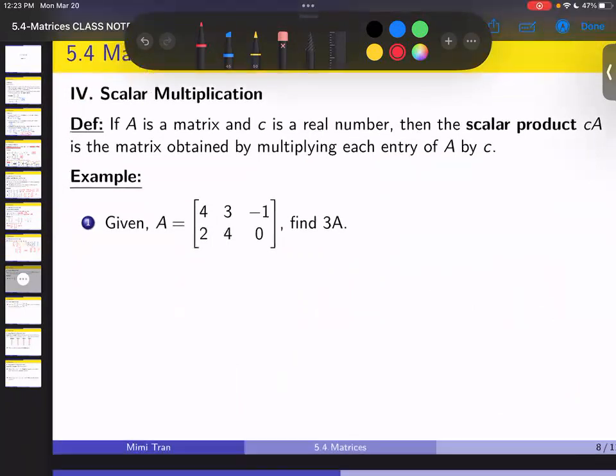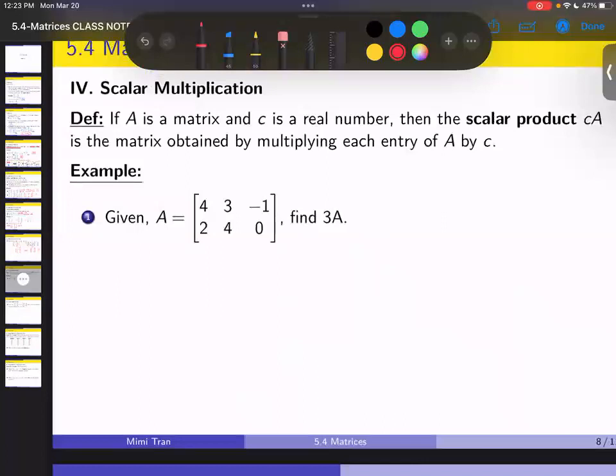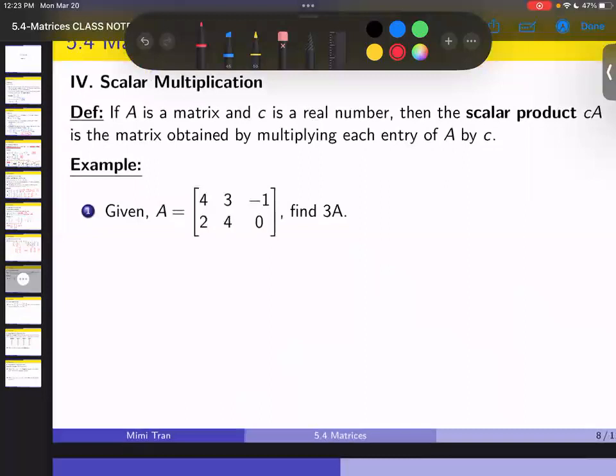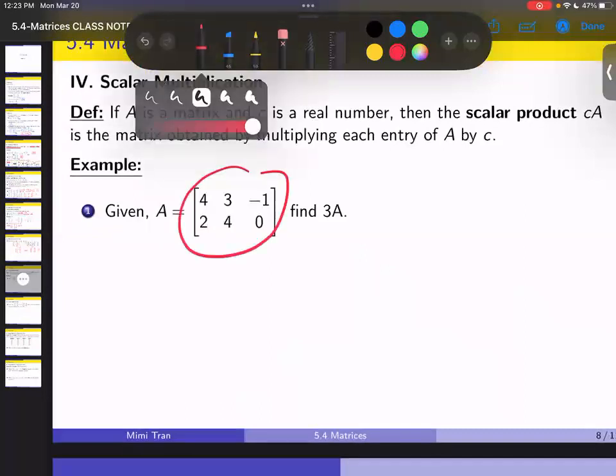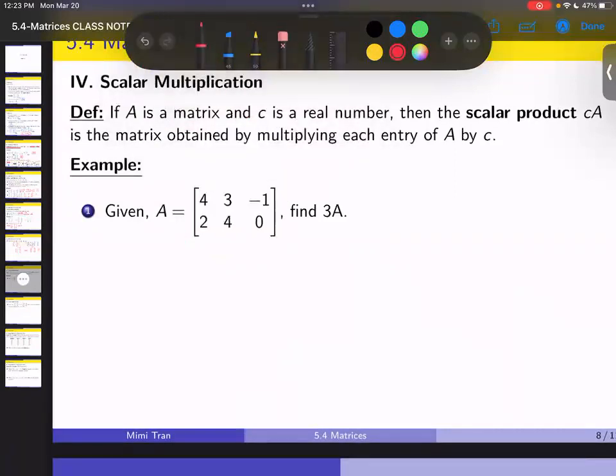If A is a matrix and C is a real number, then the scalar product C times A is a matrix obtained by multiplying each entry of A by C. So for example, given A is this, I want to find 3 times A. All you have to do is multiply every entry by 3. That's all.